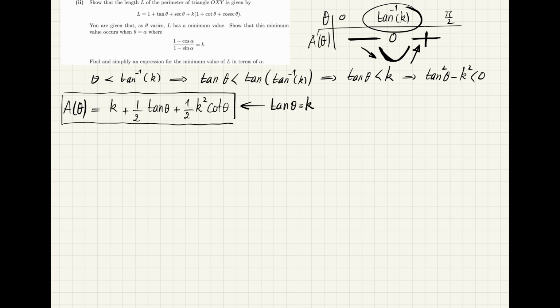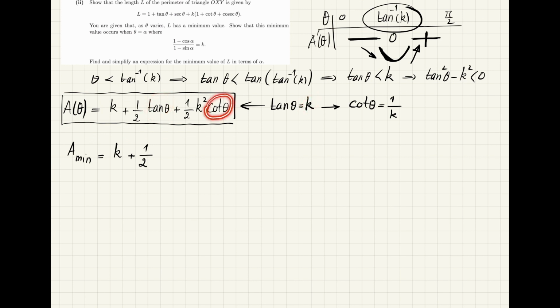Okay, so let us do that. Of course, it is very simple now. If tangent of theta is equal to k, cotangent of theta becomes 1 over k. So now a minimum is equal to, I have k plus 1 over 2. Instead of tangent of theta, I put k.